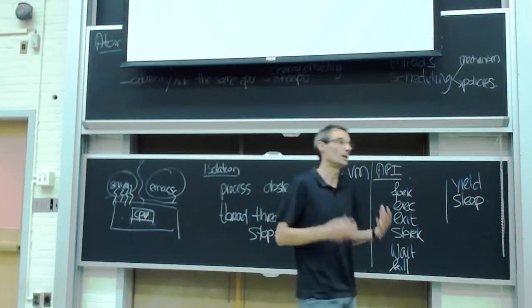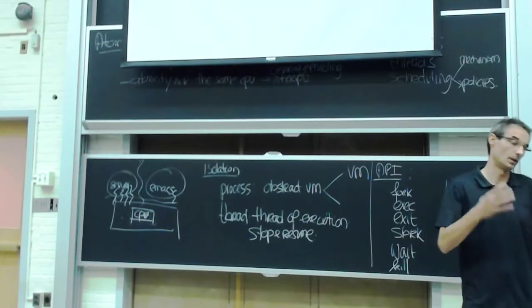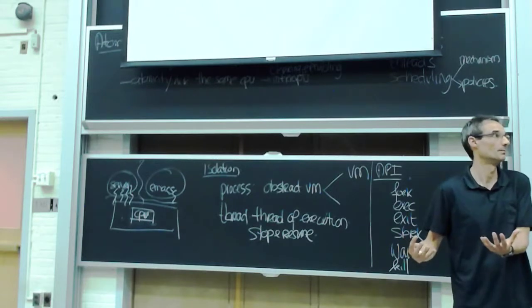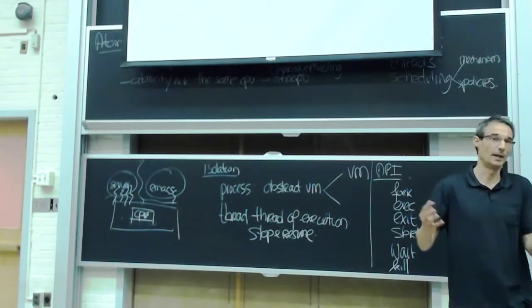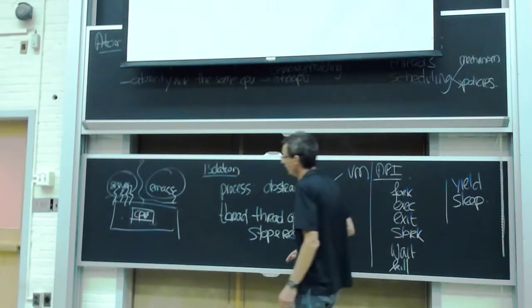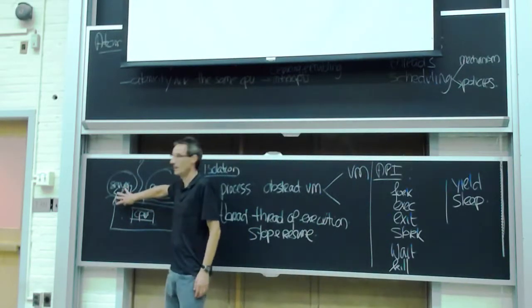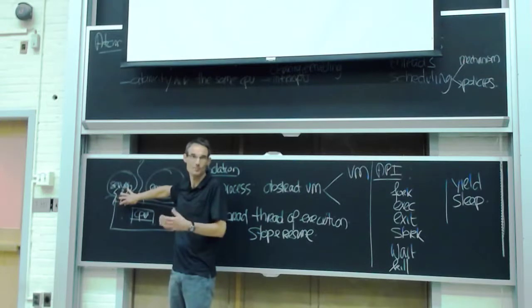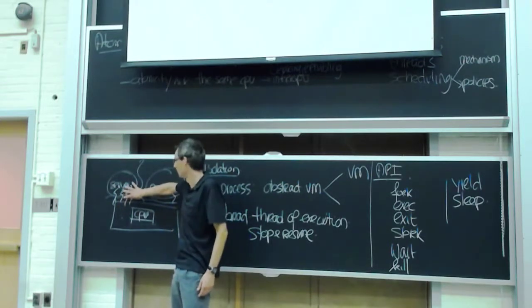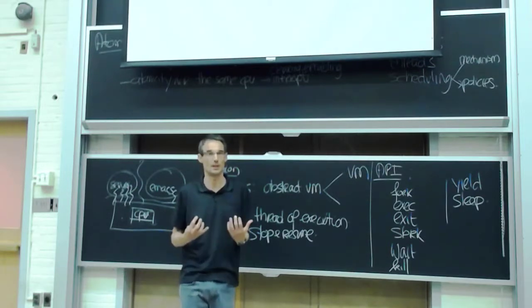One way to think about a process is as a virtual memory address space plus some number of threads. It might be 1, it might be 10, it might be many. What we're going to focus on mostly today is not the address space part of the process, because we're going to talk about this endlessly in the last couple of weeks, but the threading side of the process.